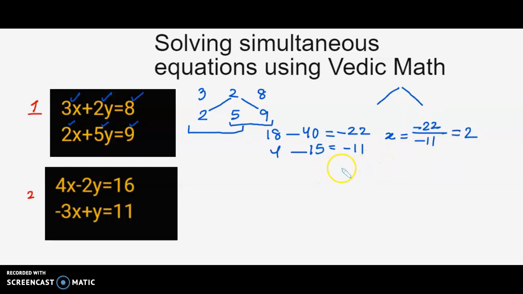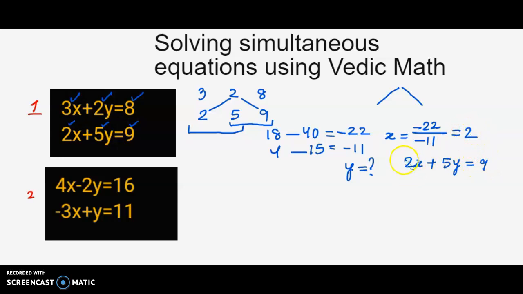Now in order to find y, you substitute the value of x in any of these two equations. I have selected the second equation, 2x plus 5y equals 9.